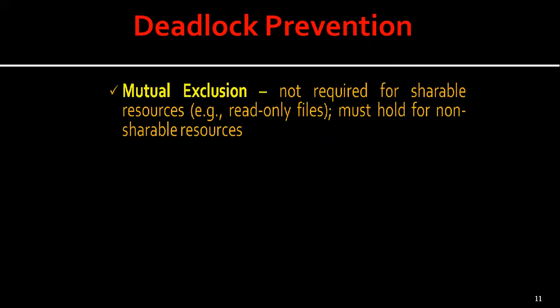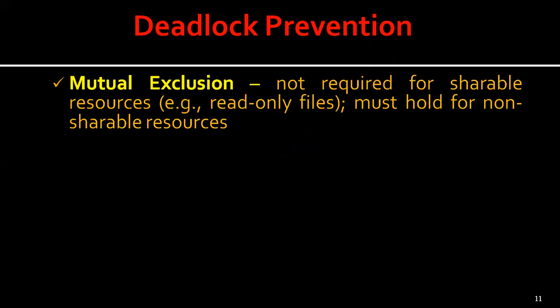So we have to see that there is no mutual exclusion. As we know, mutual exclusion means only one process can use the resource at a time. That means the resources are not shared by a number of processes at a time; the resources are in non-shareable mode only.